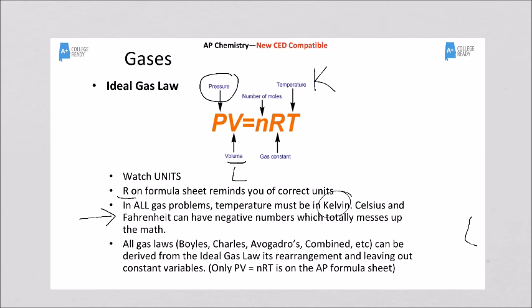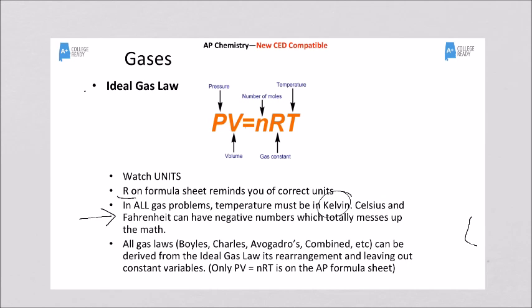So how can we see these other gas laws from PV equals nRT? Let me erase these and make it a little cleaner. Okay, so we know Boyle's law is P1V1.